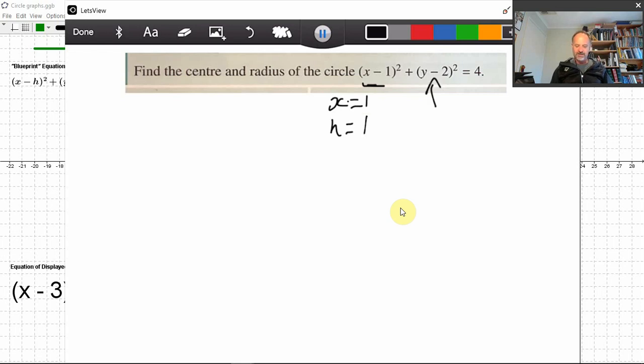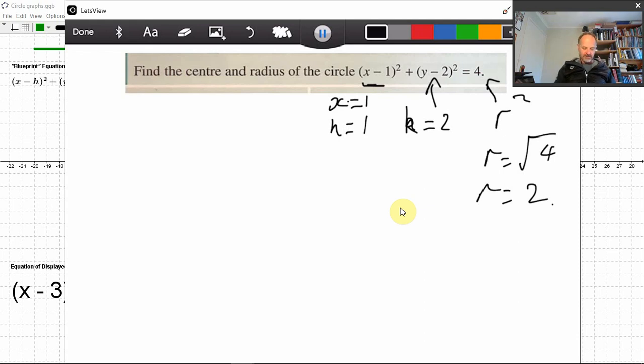This bracket here, similar argument, the y value to make that 0 is 2, and so k is 2, and that of course is the radius squared. So the radius is the square root of 4, which of course is 2.